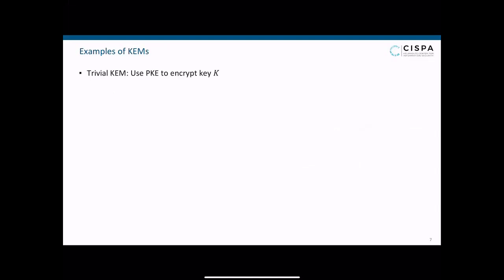There's, of course, always the trivial key encapsulation mechanism, which doesn't offer any benefits. Give me a public key encryption scheme, and I can turn it into a key encapsulation mechanism by doing the following.